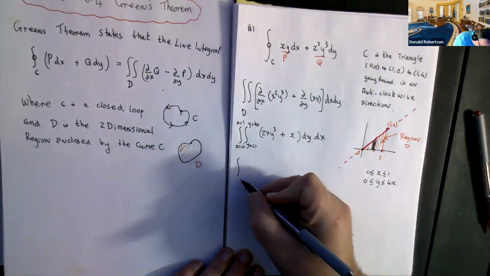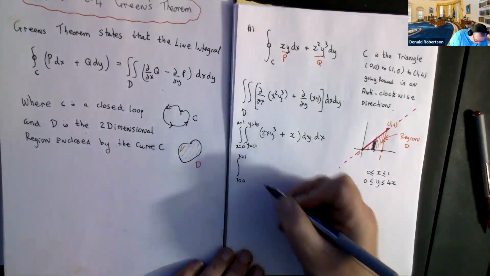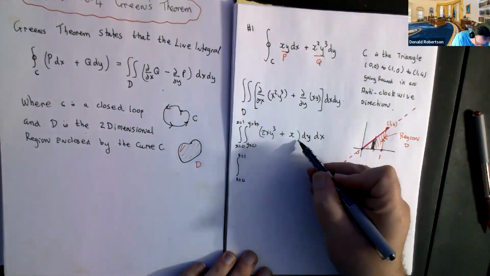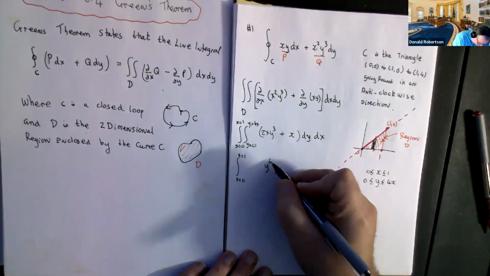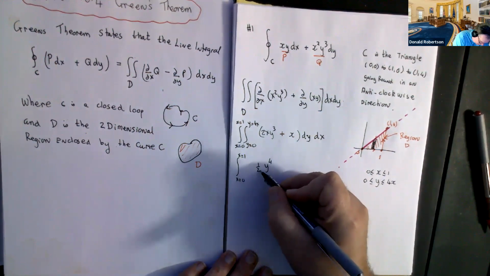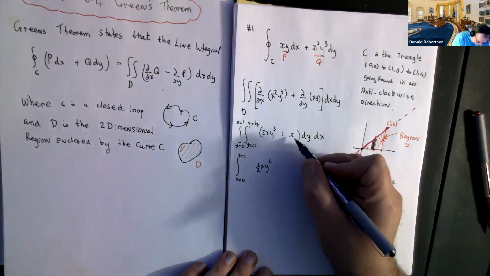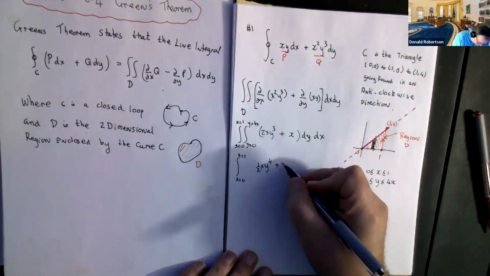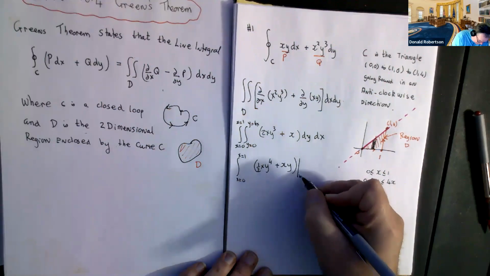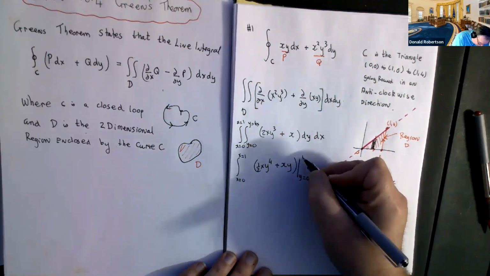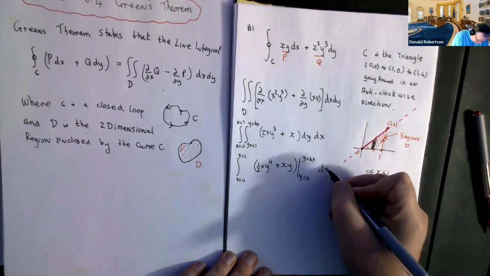So I've got the integral from x equals 0 to x equals 1. And I'm going to integrate this guy with respect to y. So you add 1 to the power and you divide by the new power. You get that guy. And if you integrate x, which is essentially a constant, but with respect to y, you get that. You then evaluate it at y equals 0 and y equals 4x dx.